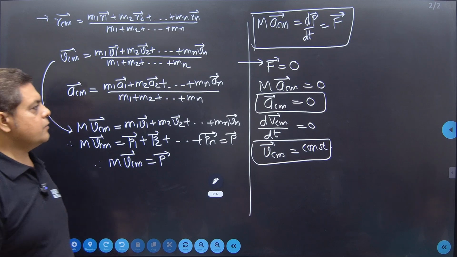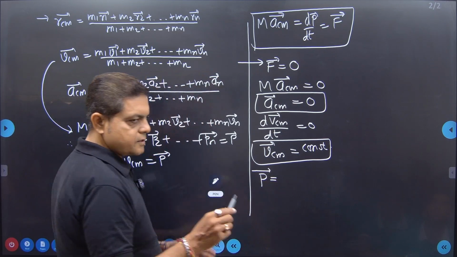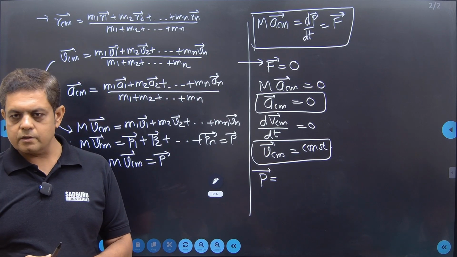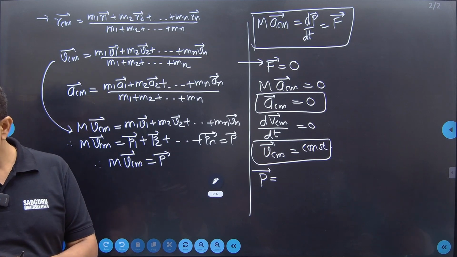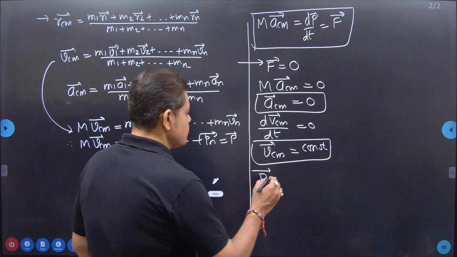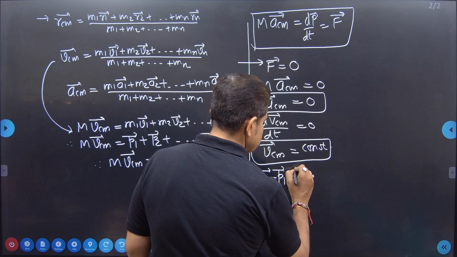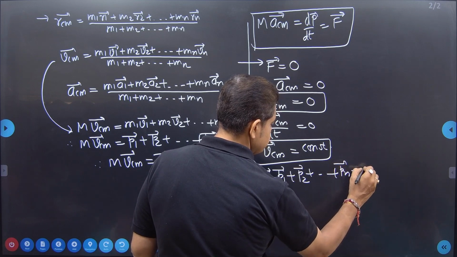Here you have to notice one thing: linear momentum of the system is conserved. Linear momentum of the system is conserved means the linear momentum of the system is constant. But the linear momentum of the system is the vector sum of the linear momentum of each particle.